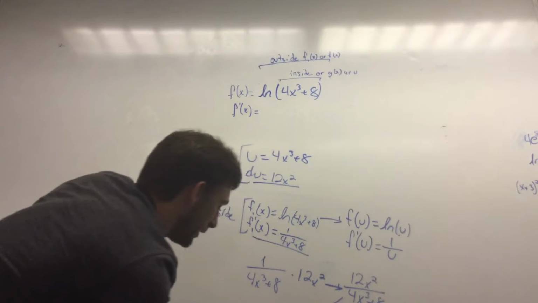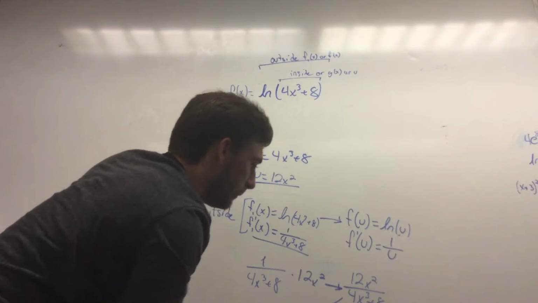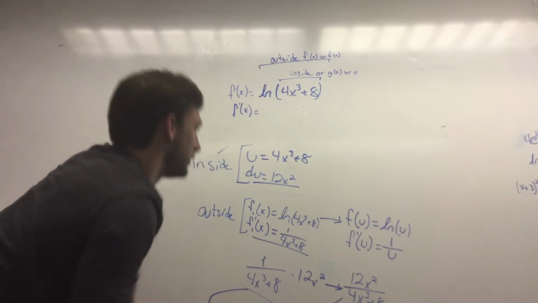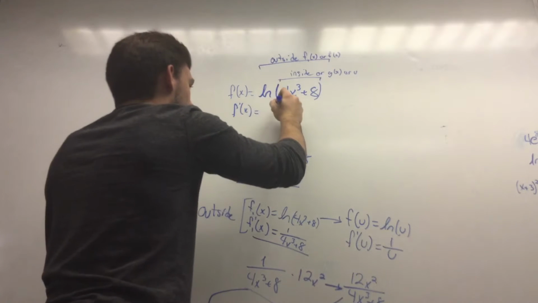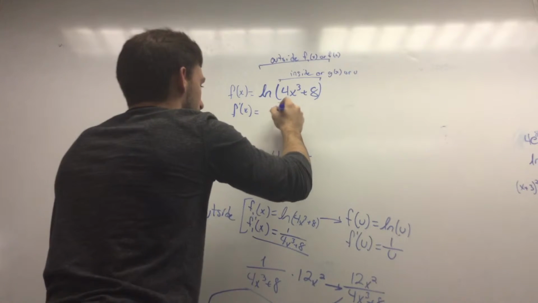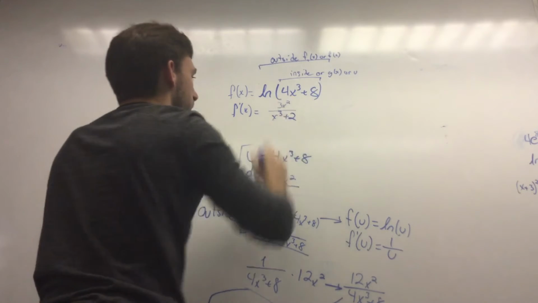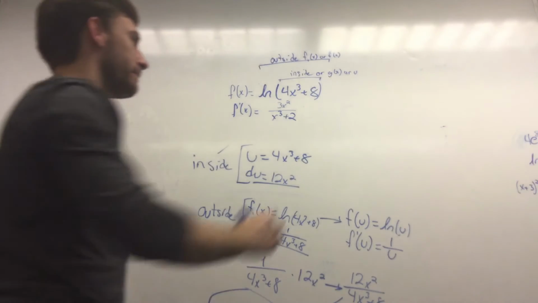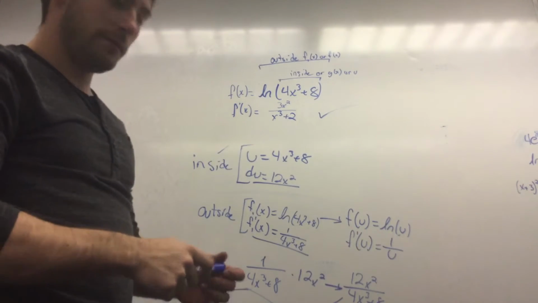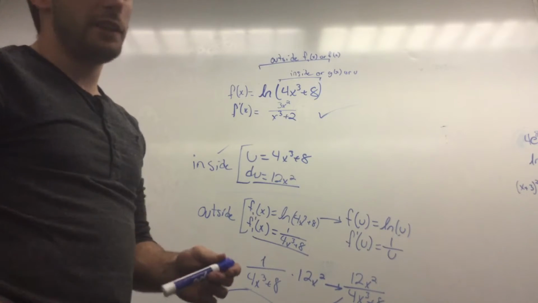I pulled a 4 out from here to here. That's how I got that. And then this is my final answer. So my f prime of x is equal to 3x squared over x to the third plus 2. And we're done. Not too bad.